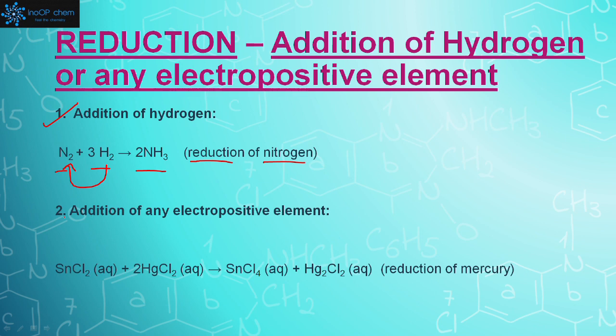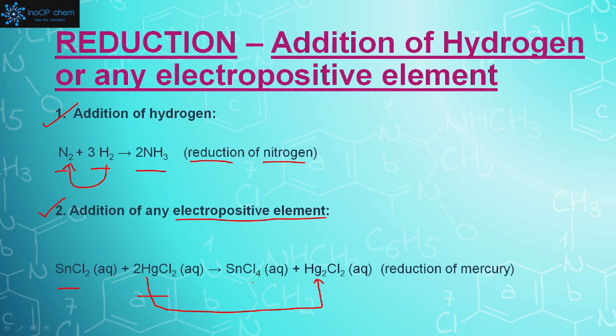In the second reaction, it involves addition of an electropositive element. In this reaction, stannous chloride and mercuric chloride react, and addition of an electropositive element takes place.